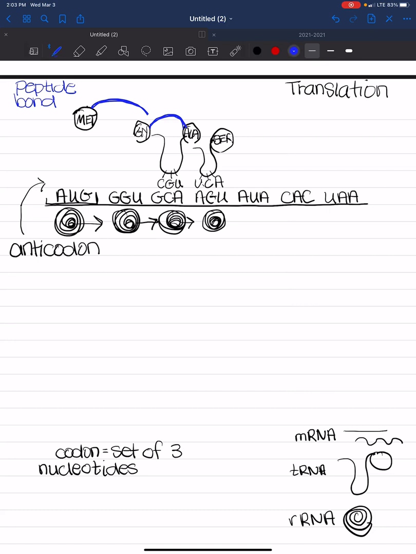A peptide bond is going to occur between the alanine and the serine. The old transfer RNA is going to leave. It's going to go back into the cytoplasm and pick up an alanine because it's dropped off alanine.